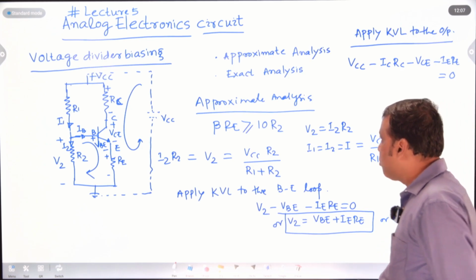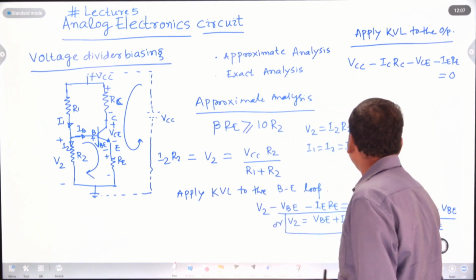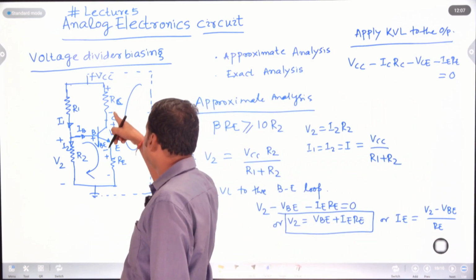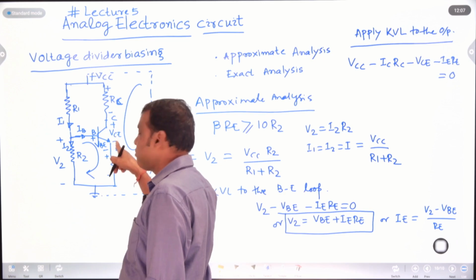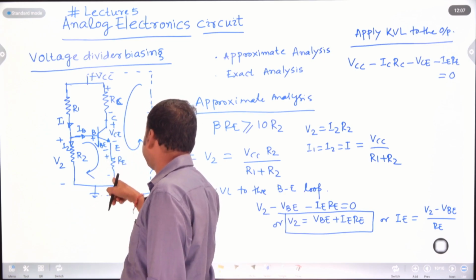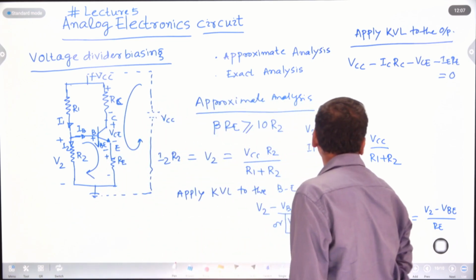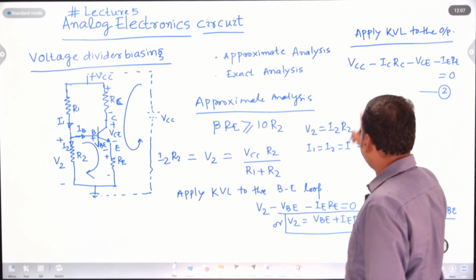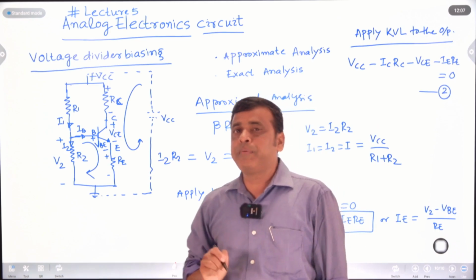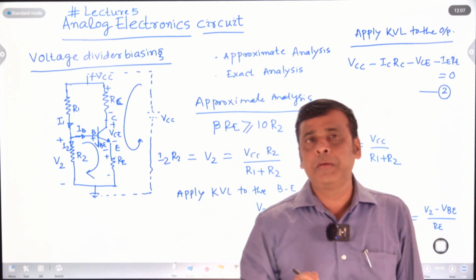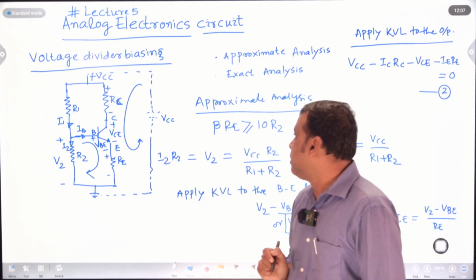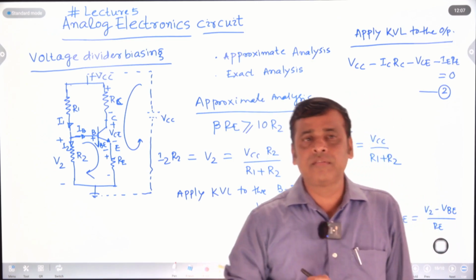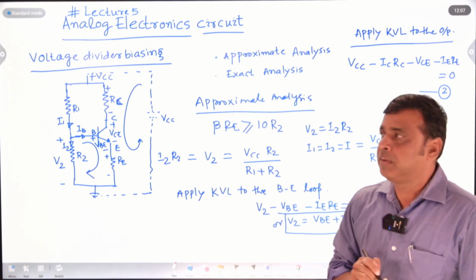This is your output equation. So using equations 1 and 2, you can calculate IB, IC, VC, VB, all these DC currents and DC voltages. It is all about your approximate analysis as far as voltage divider biasing is concerned.